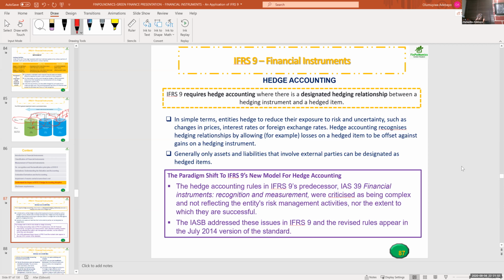Which means you are given a leeway to ensure that the gain or loss on the hedge instrument, which is the derivative, you don't immediately recognize in profit or loss until the impact of the hedged item affects your profit or loss. Which means it gives you an allowance to hold such gains or losses from such derivative in abeyance in your other comprehensive income, pending when the hedged item, the impact with respect to cash flow or prices, affects your profitability in that period.